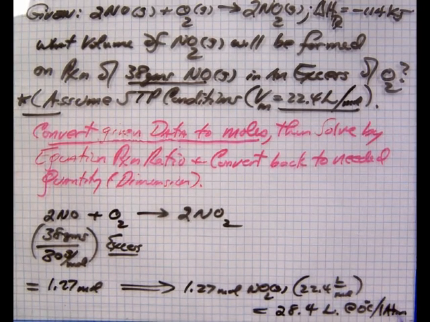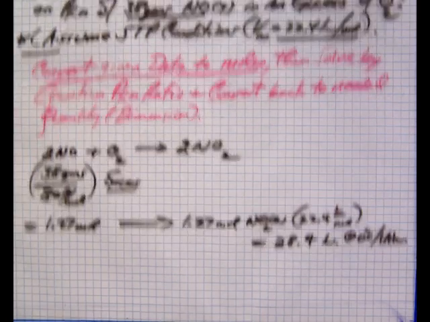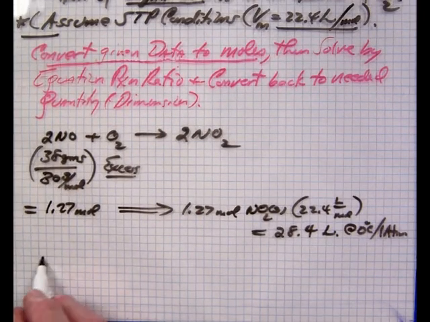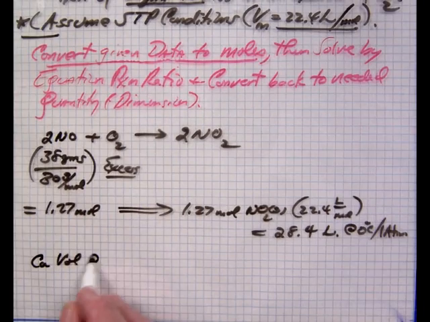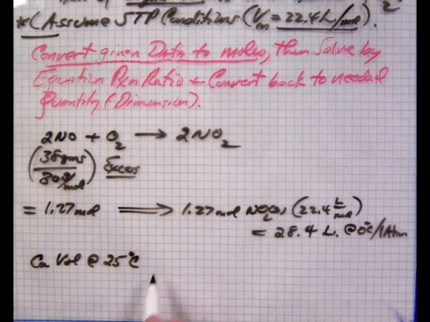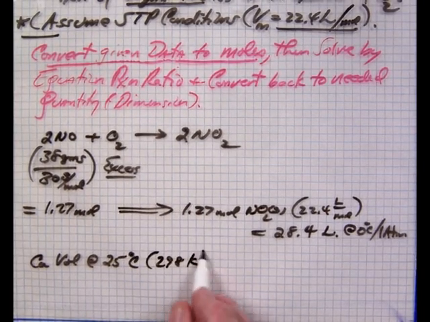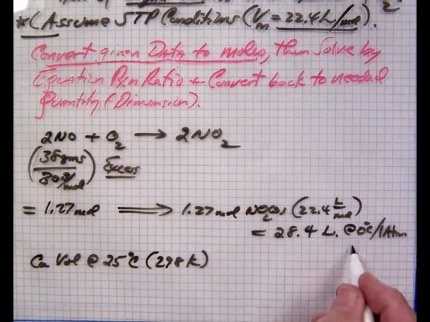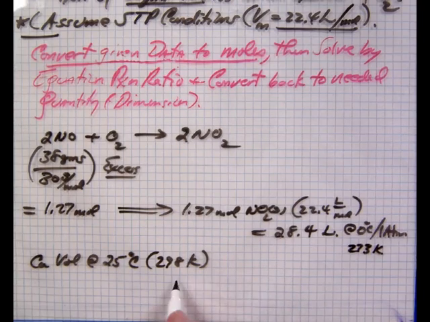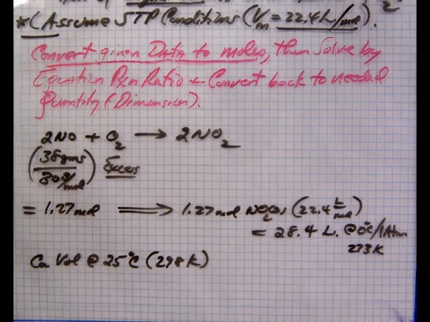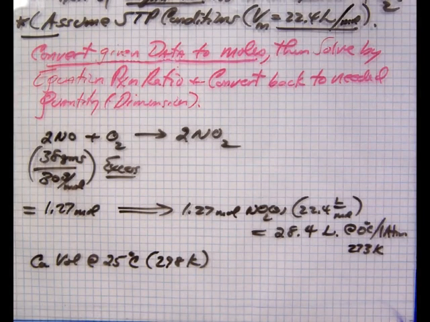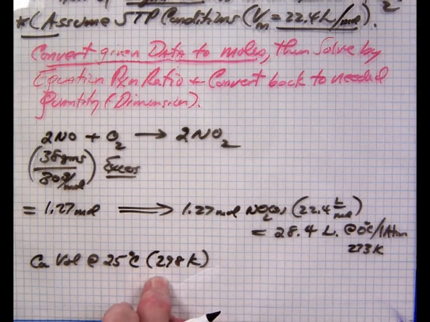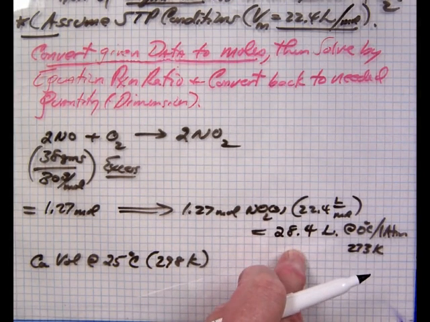If you needed to go to a non-standard volume, calculate volume at 25 degrees Celsius or 298 Kelvin. Remember what I told you, it's going from 0 degrees, that's 273 Kelvin, to 298. That's getting warmer. What does a gas do when it gets warmer? It gets larger. So you want to multiply by a temperature ratio between 273 and 298 that will make this number bigger.